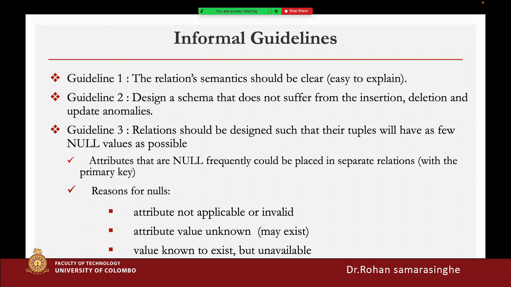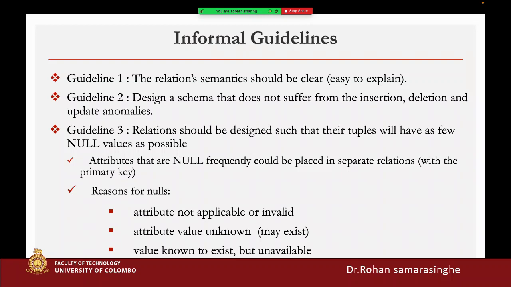So while you are creating the tables, first of all the relation's semantics should be clear, and the schema should not suffer from any insertion, deletion or update anomalies. You know the first normal form, second normal form, third normal form and Boyce-Codd normal form.